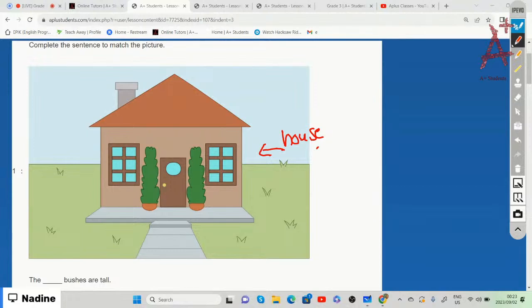So now the sentence is: the what bushes are tall? Where do we see the bushes standing?